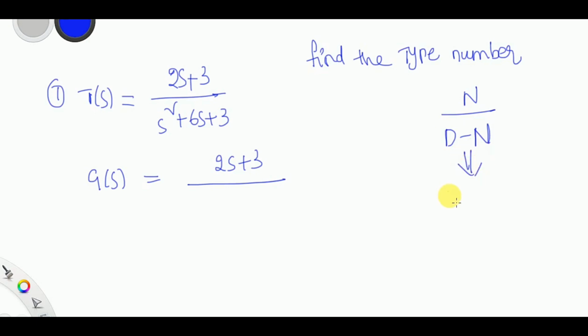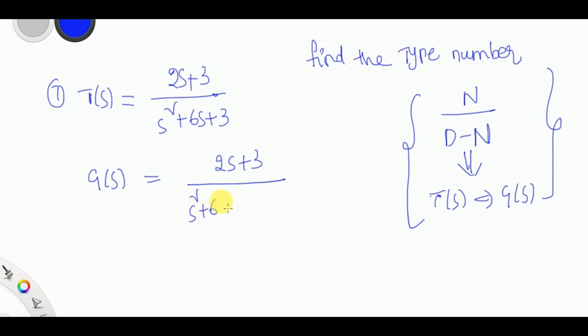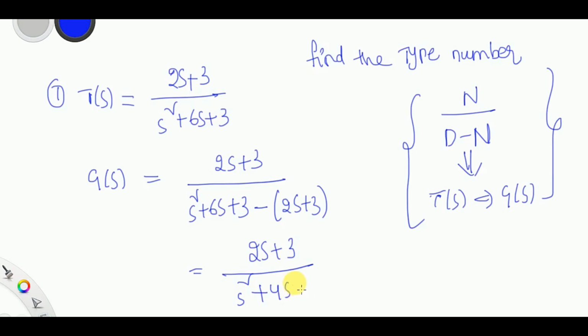This is the formula you can use to convert the closed loop system T of s into the open loop G of s. So denominator is s square plus 6s plus 3 minus numerator, that is 2s plus 3. Now I can write this as 2s plus 3 by s square plus 6s minus 2s is plus 4s, plus 3 minus 3 will get cancelled.